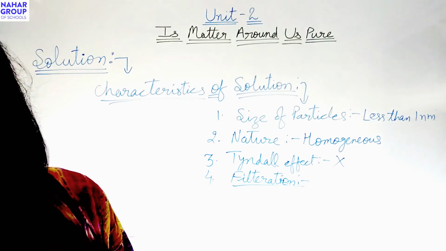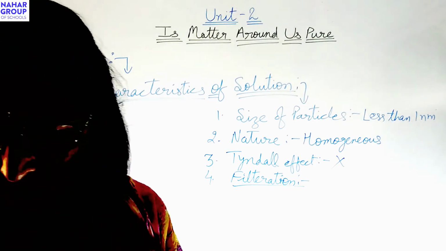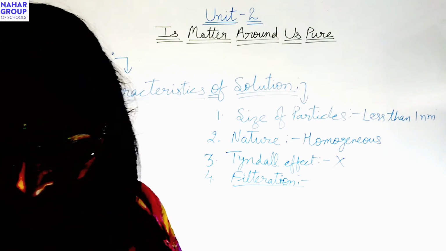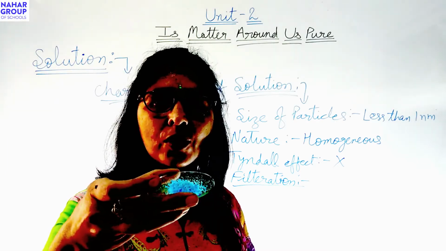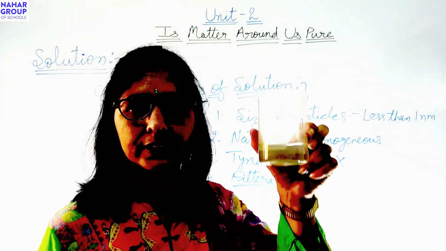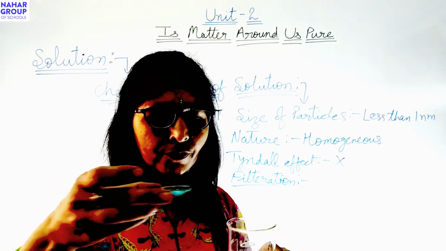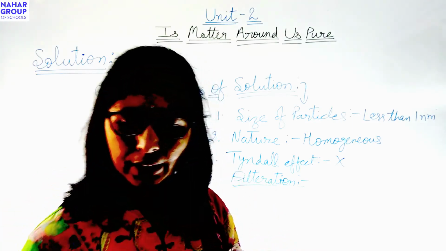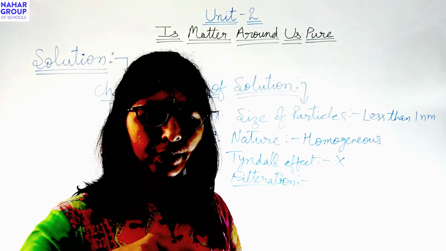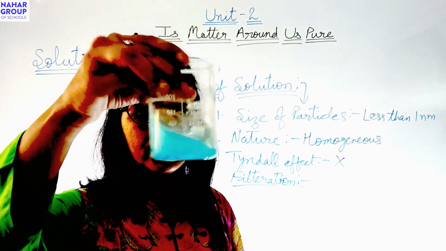Now as an example of the solution, these are the crystals of copper sulfate and this is the water. If we add copper sulfate into the water, we get a blue color solution.